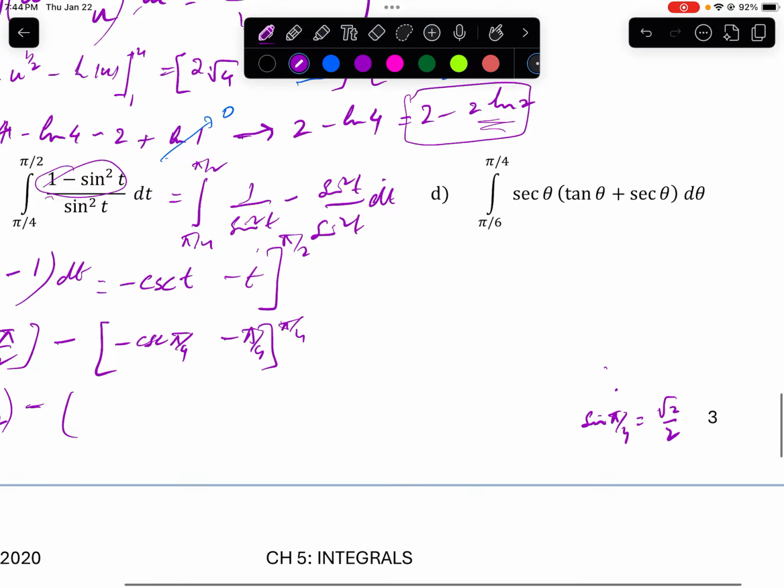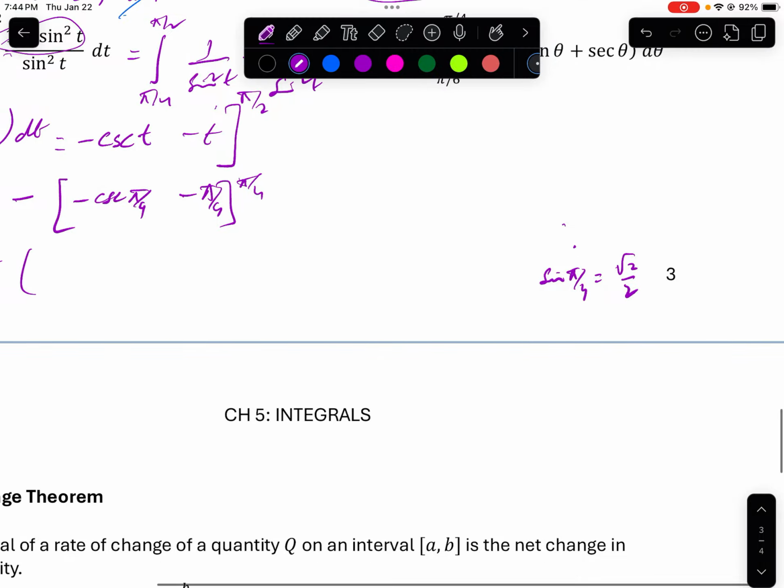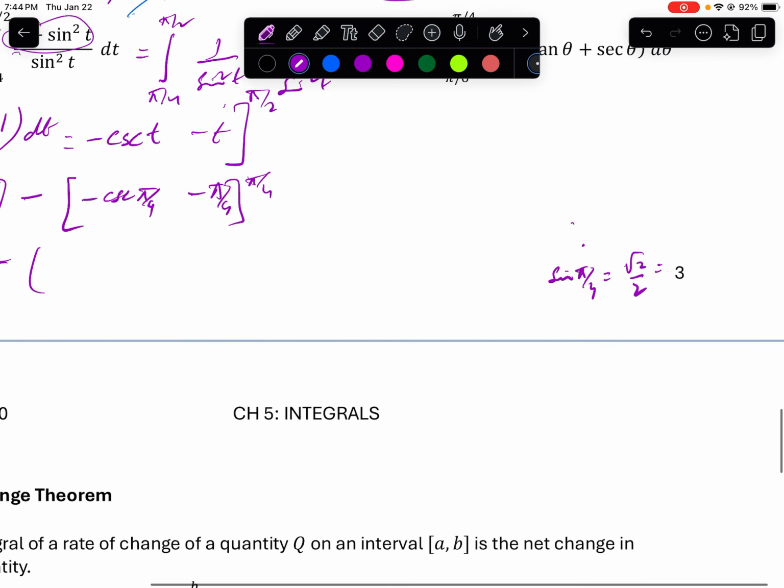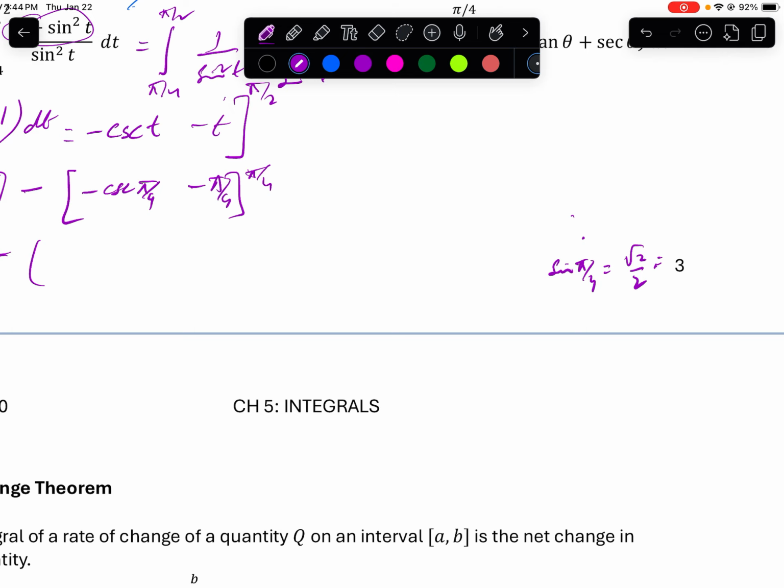Or this is equal to, if I rationalize the numerator, multiply both top and bottom by square root of 2. Why would I do that? Because remember, we are trying to find cosecant of pi over 4, which will be 1 over sine of pi over 4. So if you do it this way, you can still get the same answer.